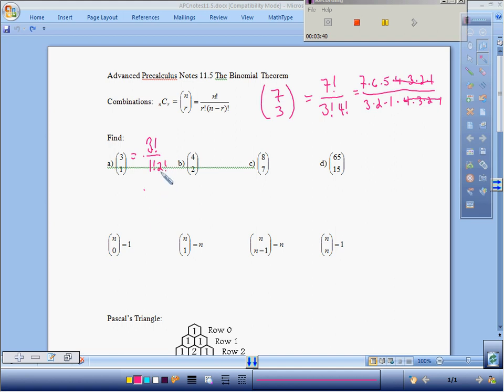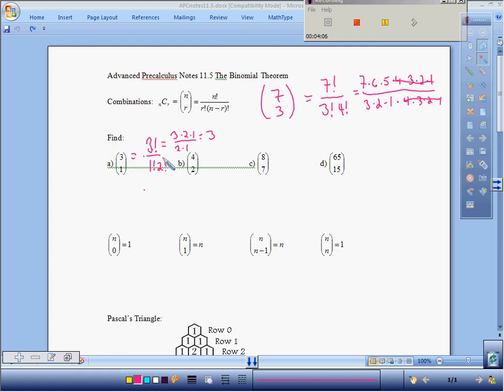Okay? The other way to think of it is, there's 1 item in the set, really, so it's 3 times 2 times 1 over 1 factorial, which is just 1, over 2 times 1, so that's just 3, okay?